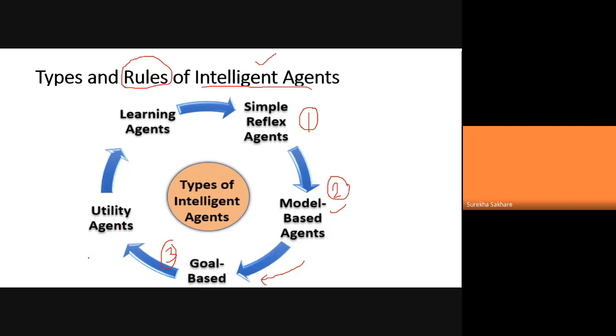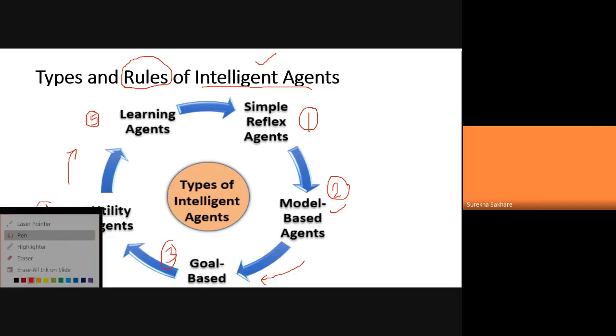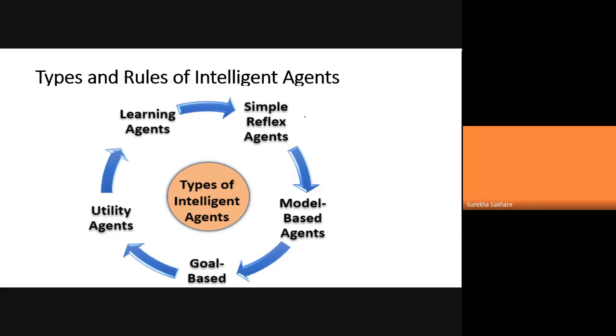After that, if you want to enhance the working performance further, this becomes the utility based agent, and the one higher than this has some autonomous facility, where they can take decisions on their own. So this is what we're going to see step by step. Firstly we will see what exactly the simple reflex agent is. We will start with this.